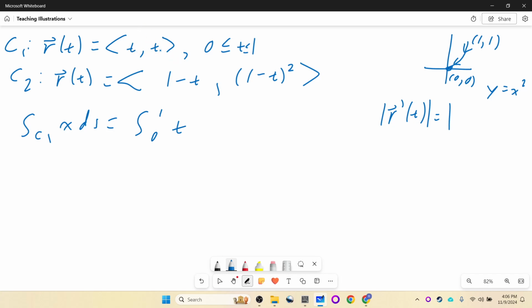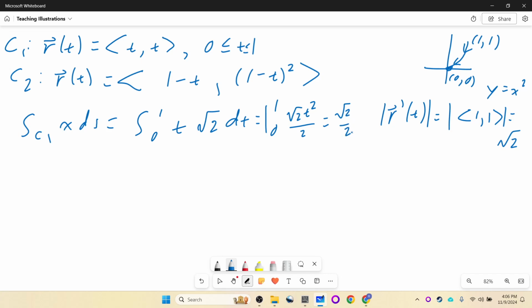Or the derivative would be 1, 1. That works out to square root of 2. So t root 2 dt, which becomes the integral from 0 to 1 of root 2 t squared over 2, which is root 2 over 2.